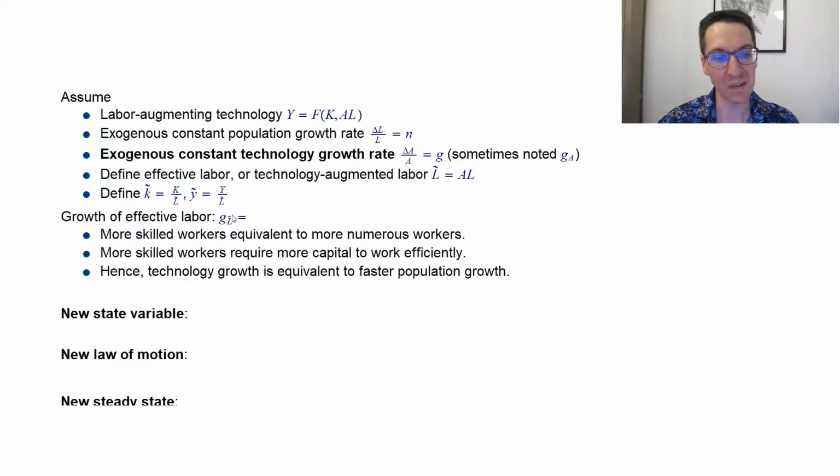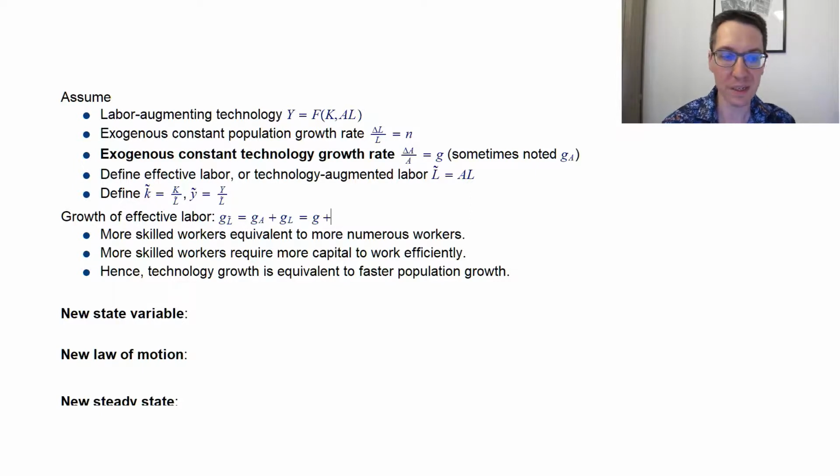Well, we have to look at what L tilde is. So L tilde is the product of A and L, and both are increasing. So if we remember one or two things about growth rates, since this is a multiplication, then we just add up the growth rates together. So it's equal to the growth rate of A plus the growth rate of L. And we know what they are. So the growth rate of A is just g, and the growth rate of L is just n.